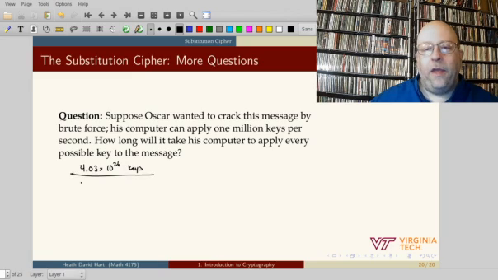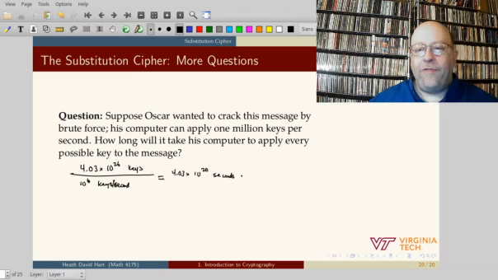If we divide that by 1 million, which is 10 to the 6 keys per second, that gives me 4.03 times 10 to the 20th seconds. 10 to the 26 divided by 10 to the 6. I am dividing, I subtract the exponents, and that gives me 10 to the 20th.